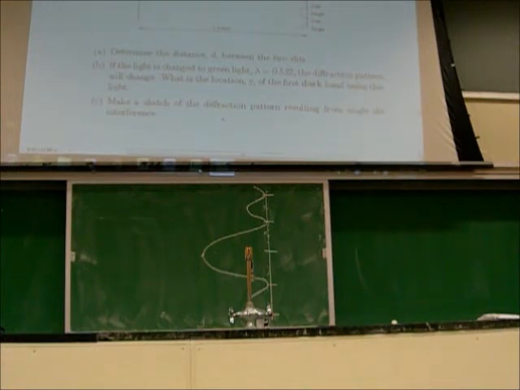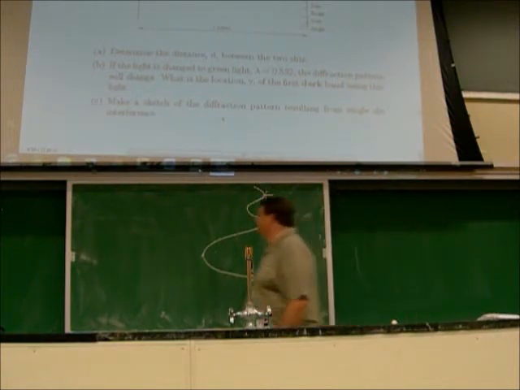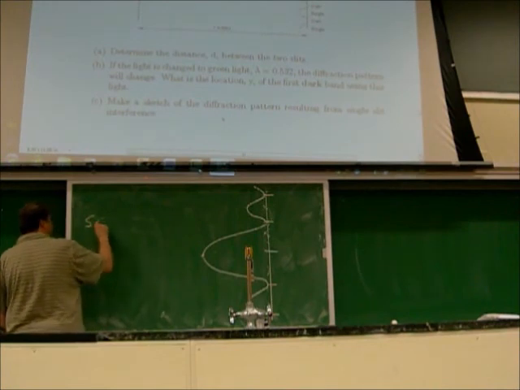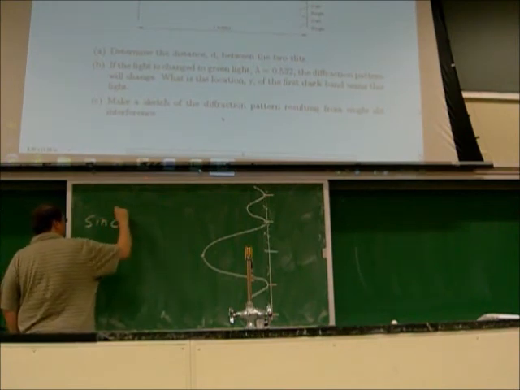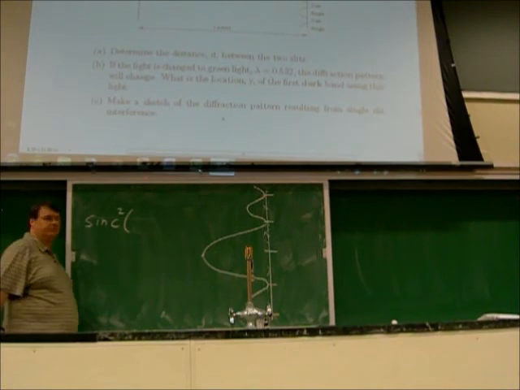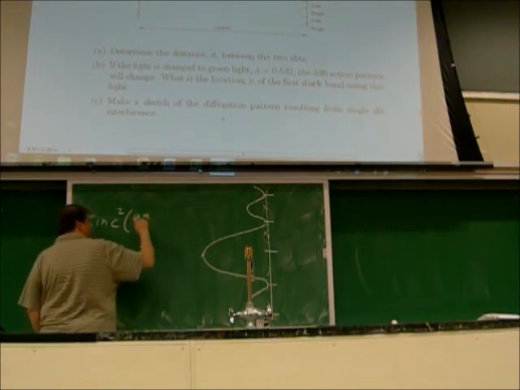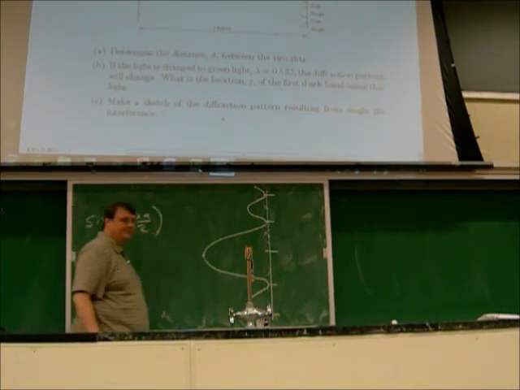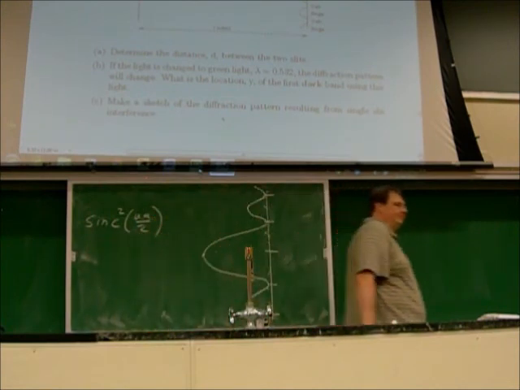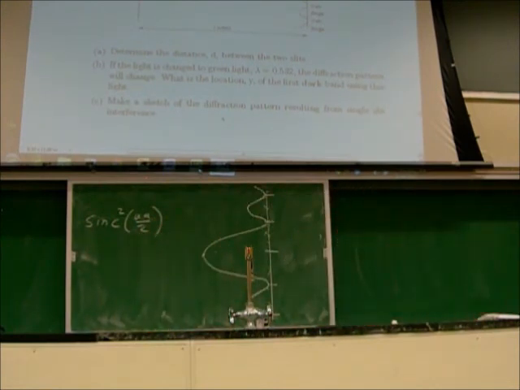Okay? Now, in principle, what's the name for the function that I've just drawn for you? Sinc function. And actually this is sinc squared of uA over 2.